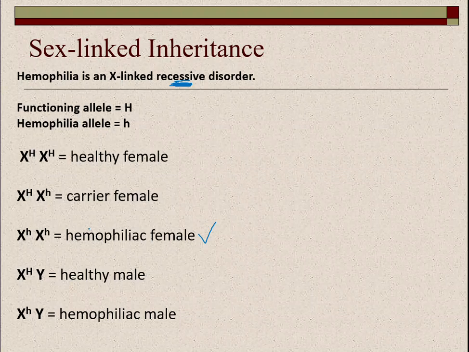So sure enough, I can see the two copies of the recessive allele attached to the X chromosomes. Now, what if it's a hemophiliac male? Well, they only have one X chromosome, so that X chromosome will carry the recessive allele. So this is how you would represent the genotypes for the female and the male.